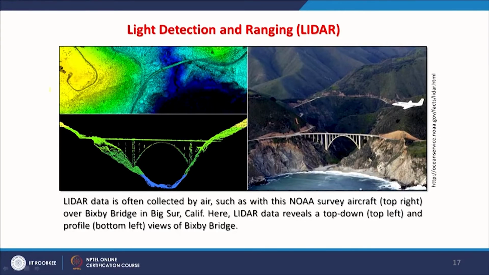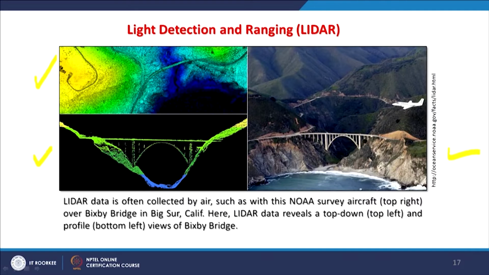Like here you are seeing that the top left image is the LIDAR image from the top, or another viewing LIDAR image, and in comparison you can also see a visual image and a profile generated from your LIDAR image.